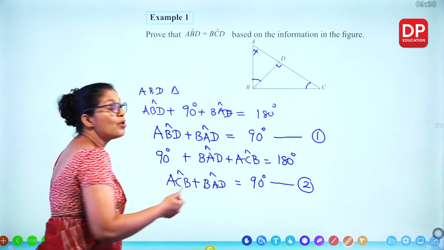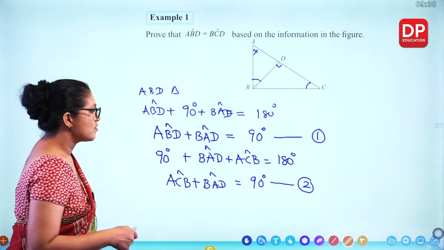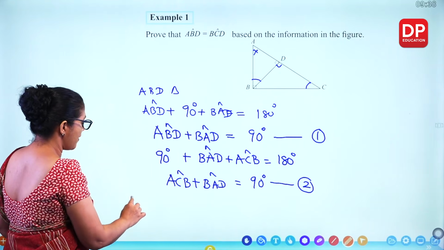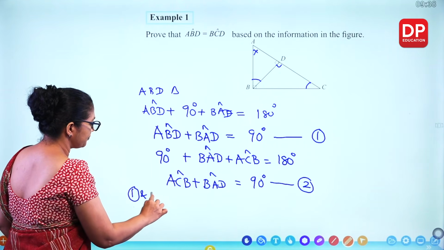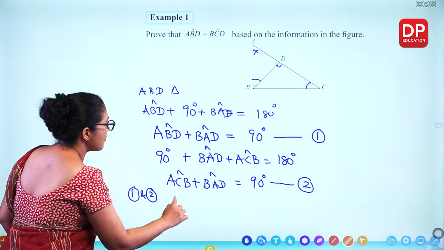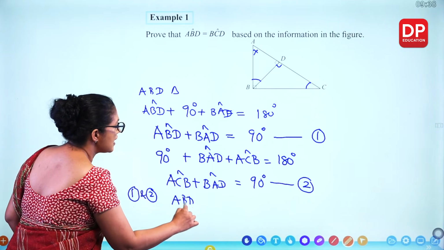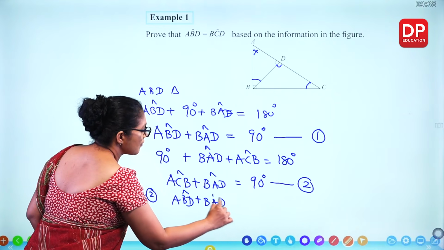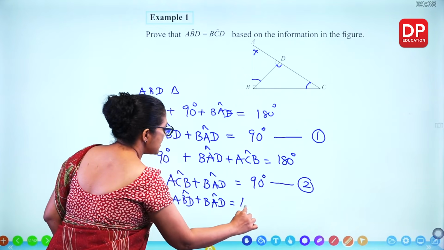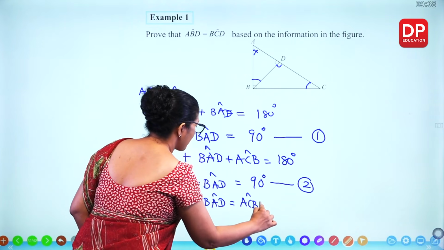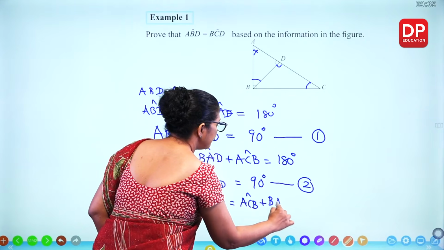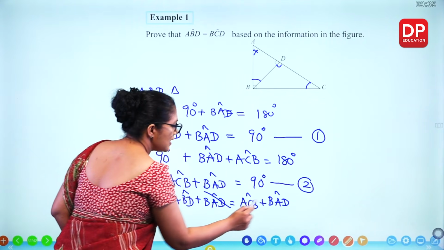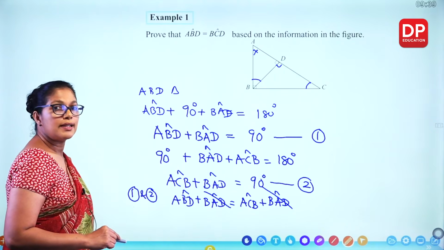These two are equal to 90 degrees, so you can equate. So I can write comparing 1 and 2, ABD plus BAD is equal to ACB plus BAD. Now, can you see BAD is equal on both sides?